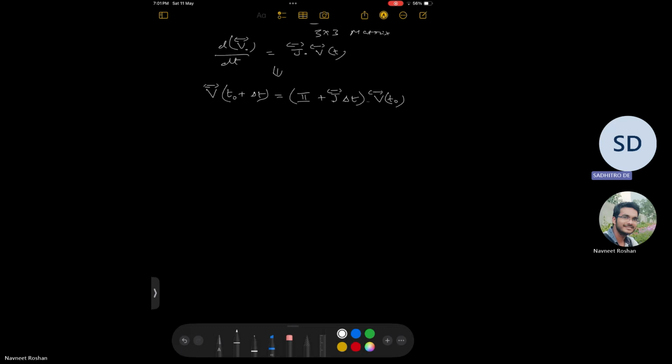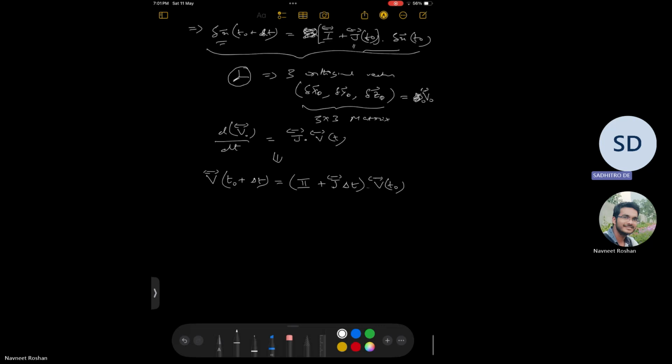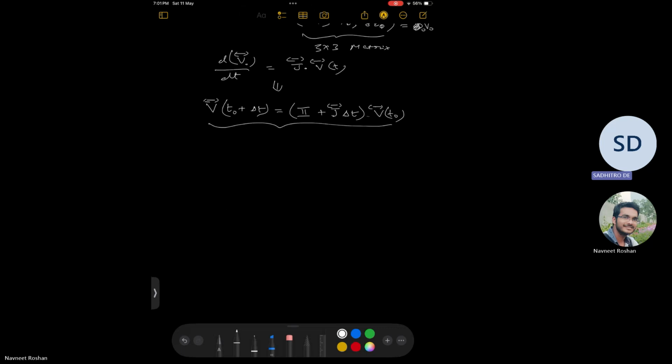So basically, the evolution of the volume of initial conditions, that means the evolution of the initial perturbation volume, is the same as the evolution equation for this vector. So if you have all three vectors over here, it looks like this particular equation. Okay, so this is what governs the evolution of the volume of initial conditions.